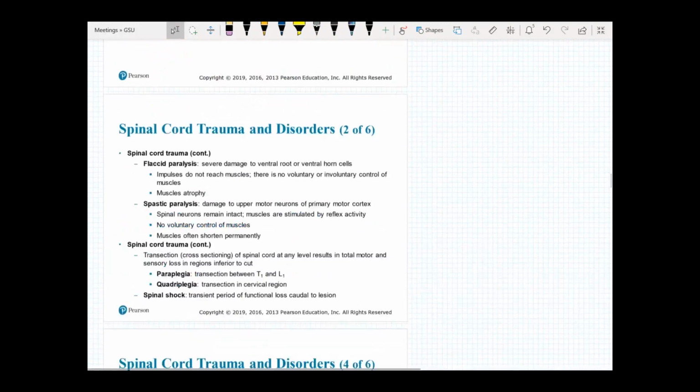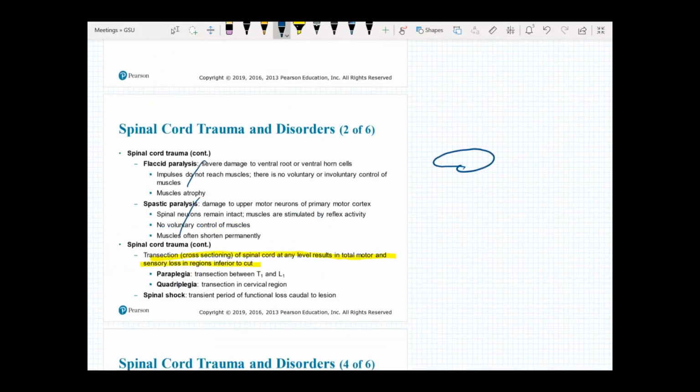You can also have a couple different kinds of paralysis, but we're not going to focus on that as much as just paralysis as a whole. And then wherever there is a transection of the spinal cord, where it has been cut, it will lead to total motor and sensory loss inferior to that level of the cut.